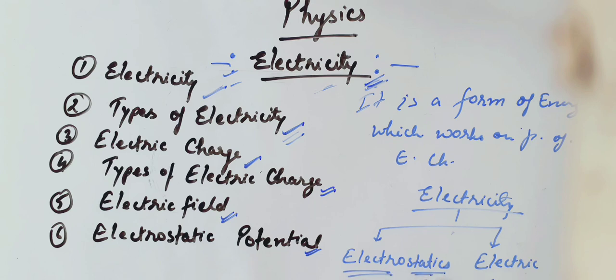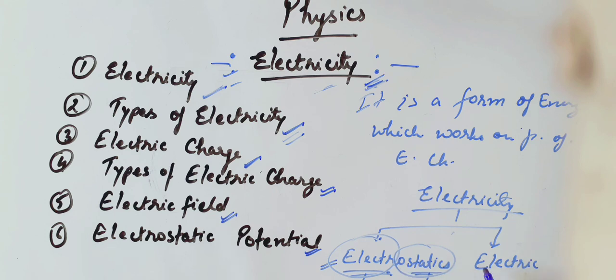Statics means rest, and electro means electric charge. On combination of these two words, we get electrostatics. It is a branch of physics which deals with electric charges at rest.